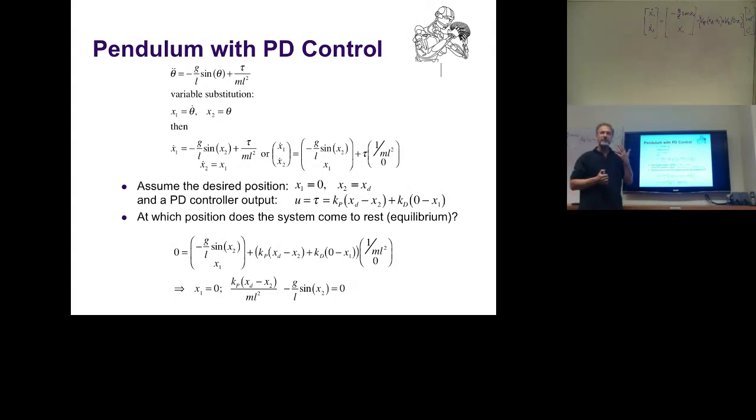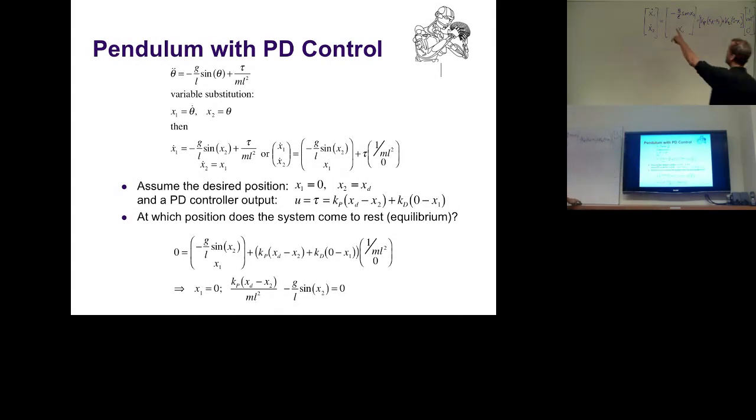And now one interesting question to ask is, if I have a control system like this, with a control law, which I wrote like this, the PD controller, where will the system actually settle? Where will it end up? So that is what is called an equilibrium point analysis. So where is the system going to come to rest? And it's actually not very hard to do. So what we usually say is, well, when the system comes to rest, the change of state variables have to become 0.